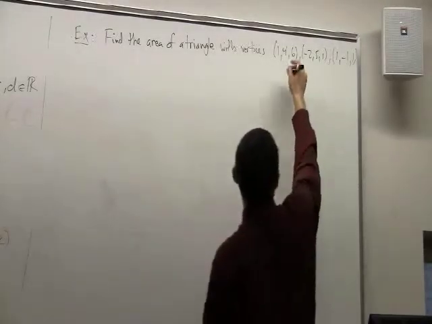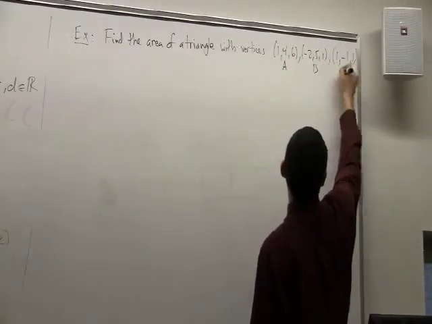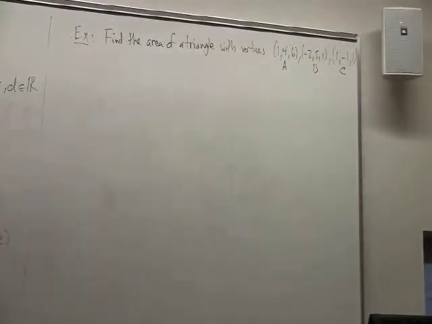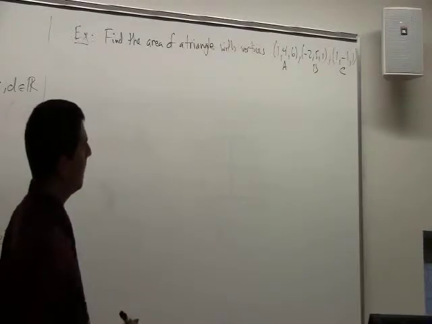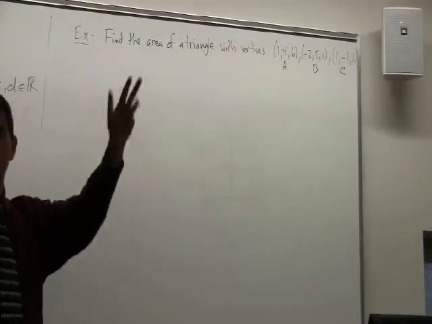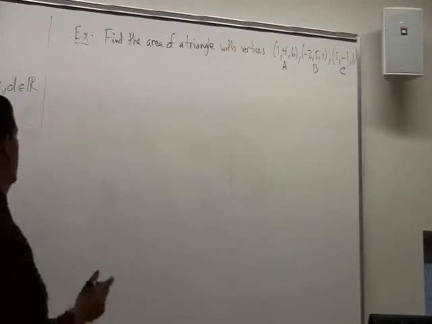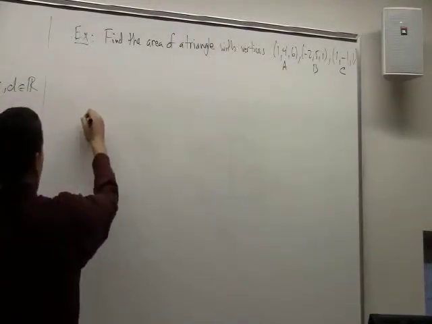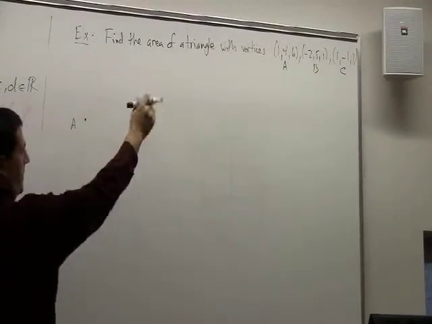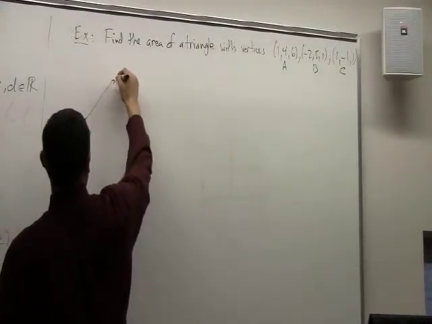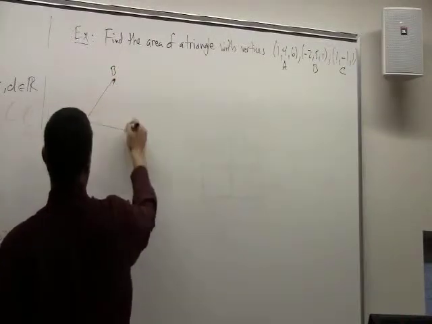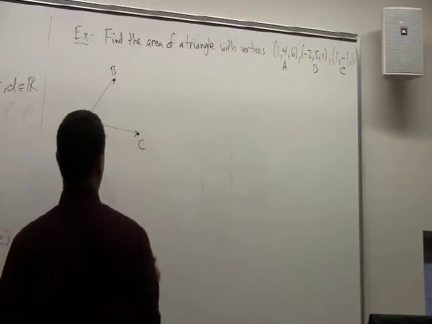And just for ease of reference, let me call this point A, that point B, and that point C. This triangle sits in some plane, and let's just assume we've tilted our head so that plane is the whiteboard, and that we don't care about directions, that we've somehow put these in the right direction.